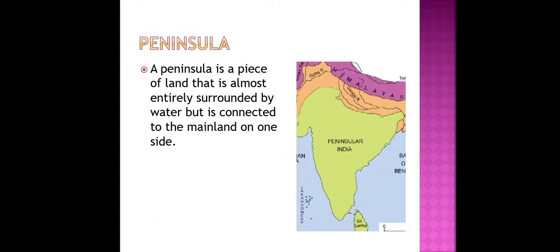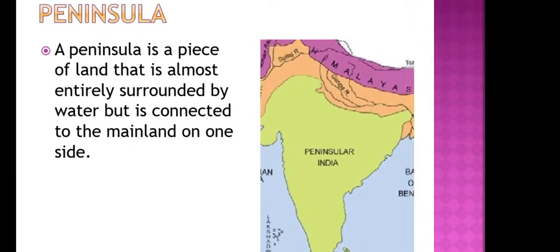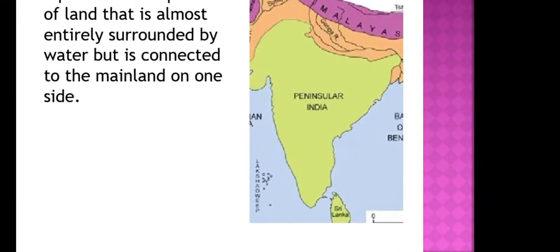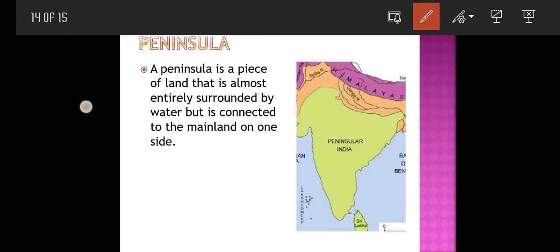Then the last landform of the surface is the peninsula. A peninsula is a piece of land that is almost entirely surrounded by water but is connected to the mainland on one side. As you can see in this diagram, this is peninsular India. It is the east side, the west, the north, and the south side.